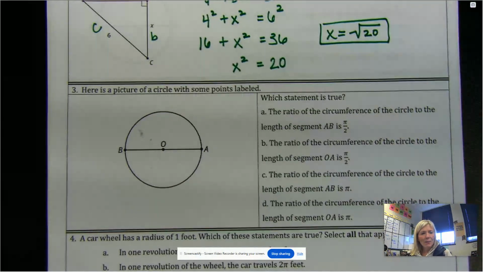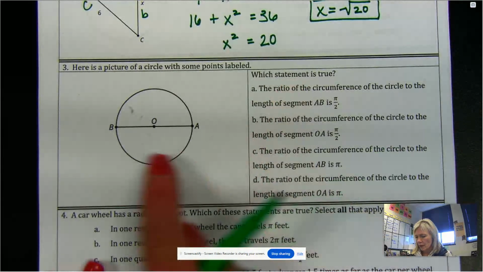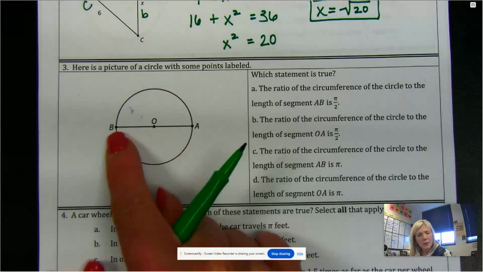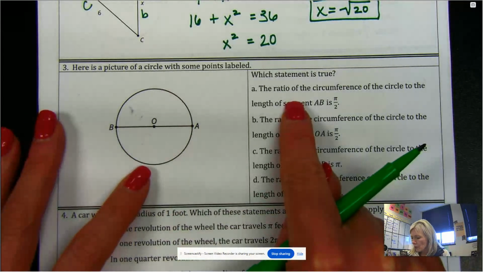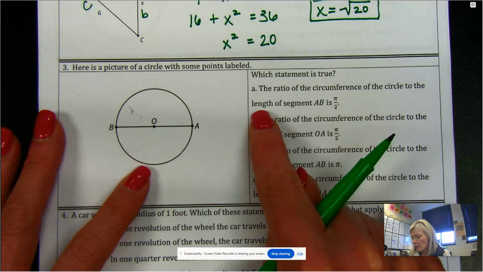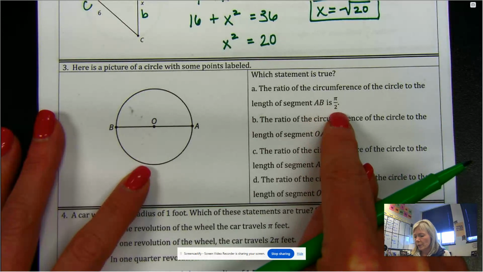Okay, so we have a picture and we have to select the true statements. Okay, so we have a circle O and it looks like it has a diameter of AB. Okay, so the ratio of the circumference of the circle to the length of AB is pi over 2.